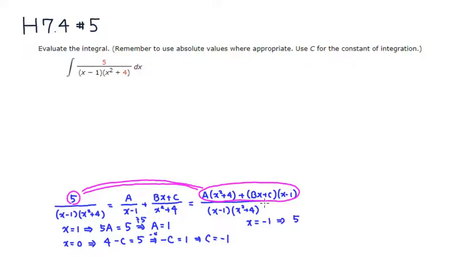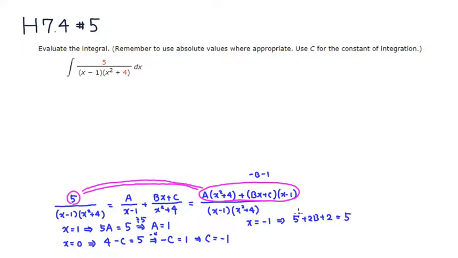Then C is negative 1, so negative B minus 1, and you multiply by negative 1 minus 1, which is negative 2. So it's going to be positive 2B plus 2. So this is equal to 5.